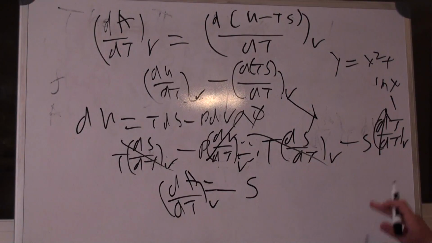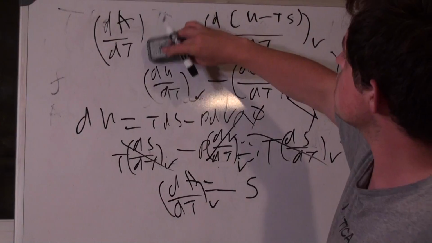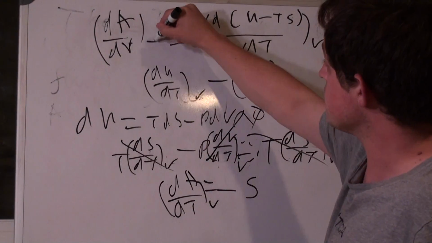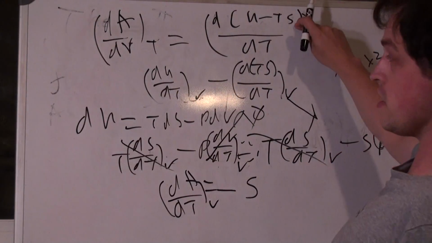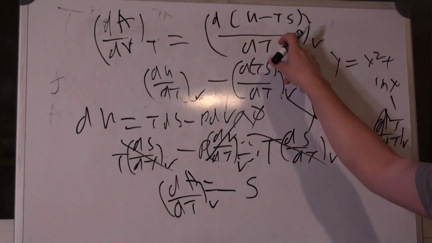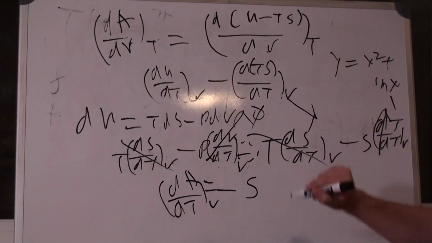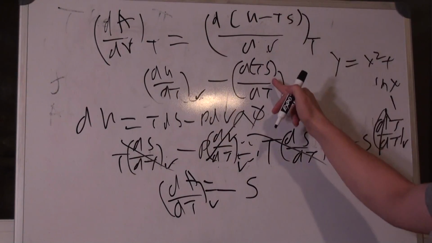So there's that half, and then I have the other half, which is dA/dV at constant t. This is still the same. Still plug in A. Still separate them.